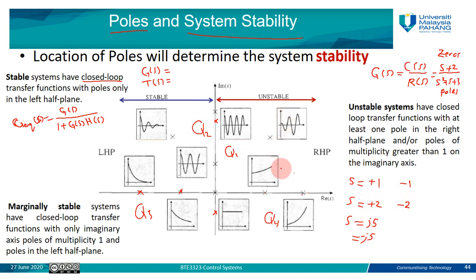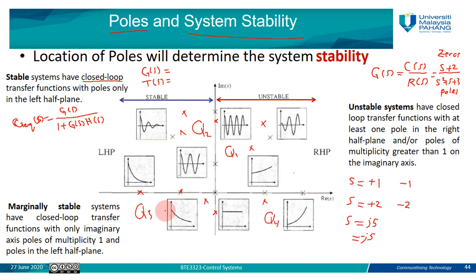If the poles are complex numbers, they will be located in this area, for example, or this area here, in Q1, Q2, Q3, or Q4, but they have two parts, a real part and an imaginary part. So in this case they will be distributed inside these quarters.